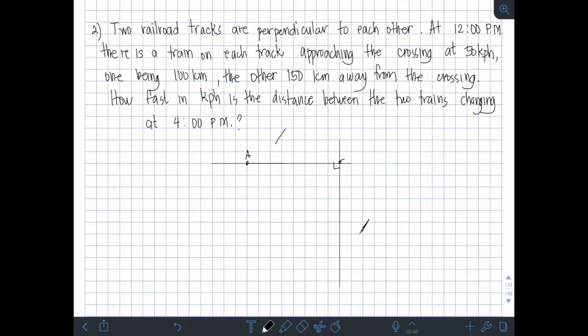Tapos, let's say, dito naman yung position ng isang car at point B. Tapos sinabi yung distance nila from the intersection. Yung isa, 150 kilometers. Tapos yung isa, 100. So, let's say ito yung 150 kilometers na distance. Tapos ito naman yung 100 kilometers. Okay? Tapos, given din yung kanilang rate, parehong 50 kph. So, rate is 50 kph.